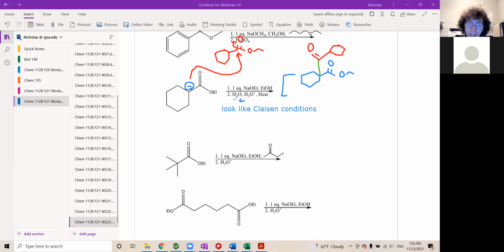It will do a hydrolysis reaction. When you have water with an acid catalyst and you have an ester, that's going to do hydrolysis. It's going to convert it to a carboxylic acid.